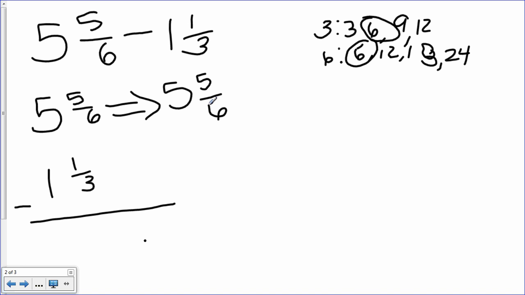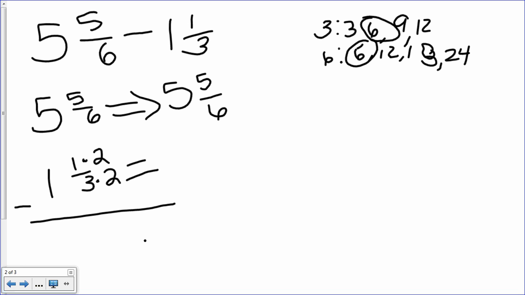When I go to change the bottom, I have to think about what number I multiply 3 by to get 6. And that is obviously the number 2. So I'm going to multiply my denominator. And remember, whatever I do to my denominator, I have to do to the numerator. So I'm going to multiply them both by 2.